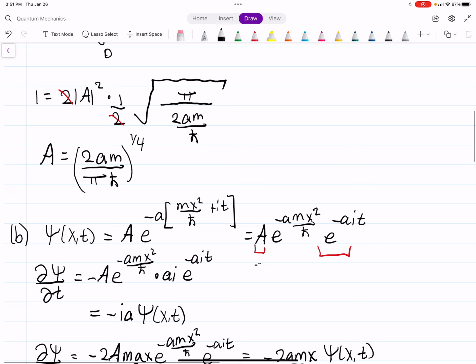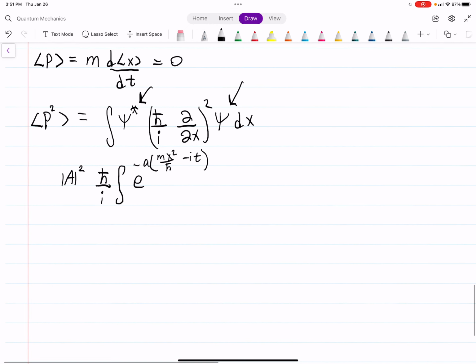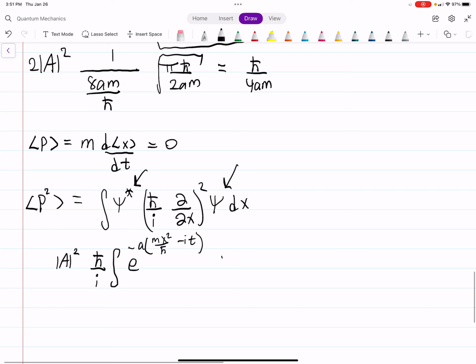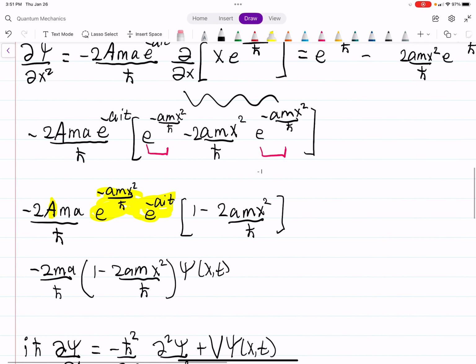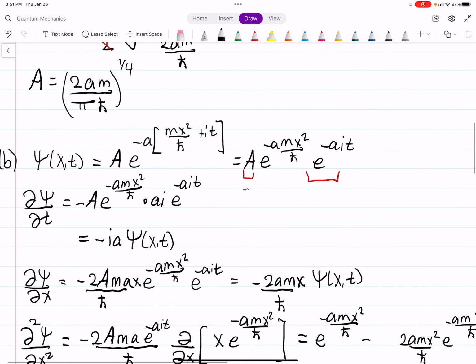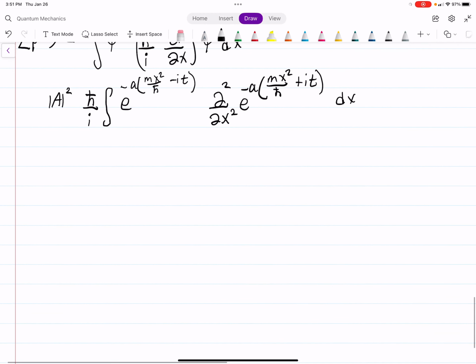Just double checking. Yeah. So you have this, and then you need to take the second derivative of e to the minus a m x squared over h bar plus it, dx, and this is the second derivative. Let me make sure I didn't write down the complex conjugate. Yeah, that's just the wave function, so we'll switch the sign.